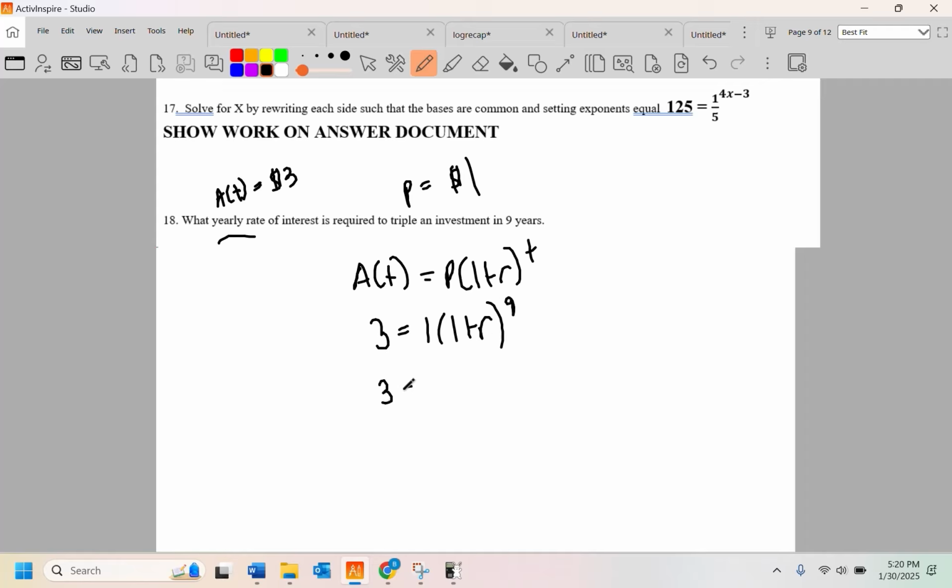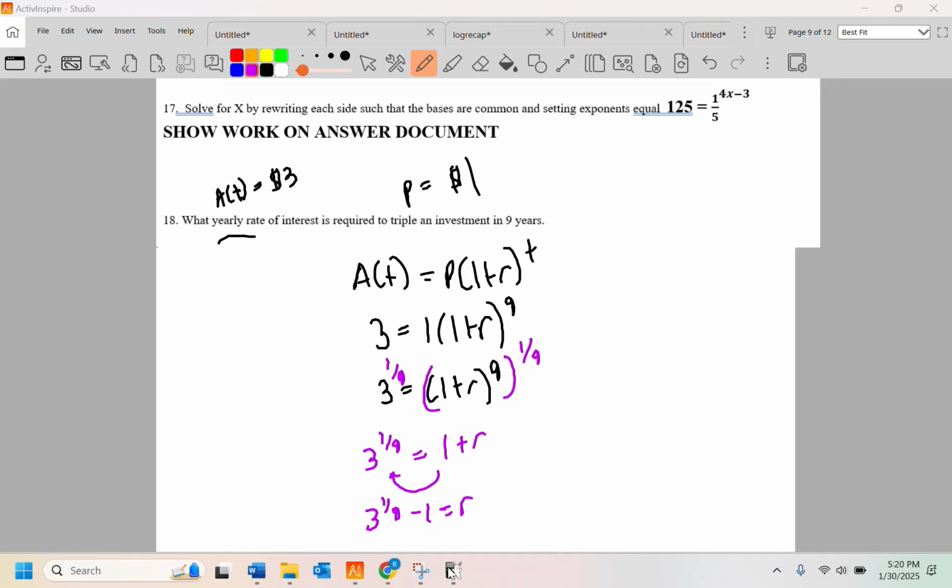Now, this is a really, really easy problem to do by hand. We had this section. The opposite of the 9th power is its reciprocal, 1/9. Okay? So 3 to the 1/9, these guys canceled, must be 1 plus r. We subtract 1.